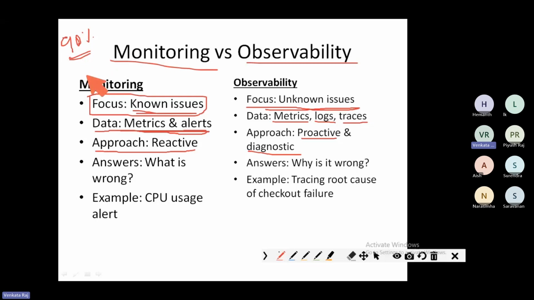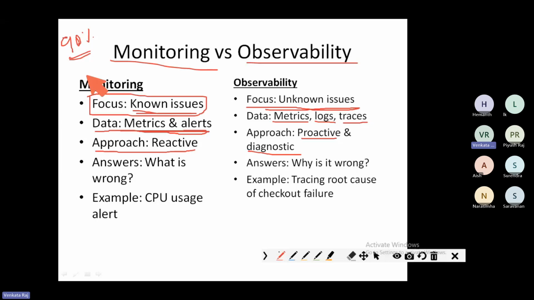After you got that alert, whoever is your monitoring team, whoever is your support team, after they got that alert, they will report it to the respective team, and they can look into that. What is the problem? But you do not go further, guys. You do not try to investigate what happened because of which the CPU utilization became 90%.